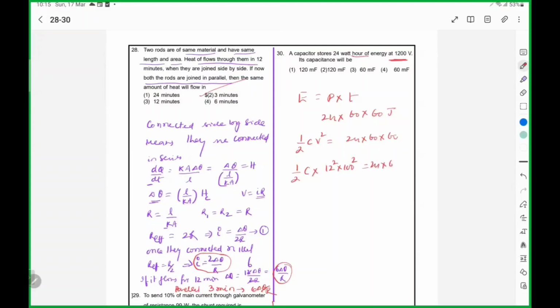It's 24 into 60 into 60. Here it is 12 into 72 into 100. 24 into 36 is 2 12. So capacitance is 12 by 100 farads. In terms of millifarads, so 120 millifarads.